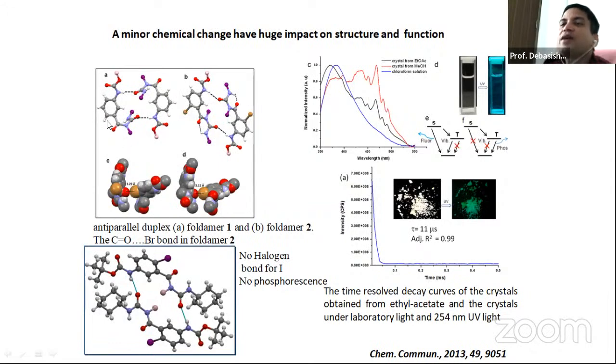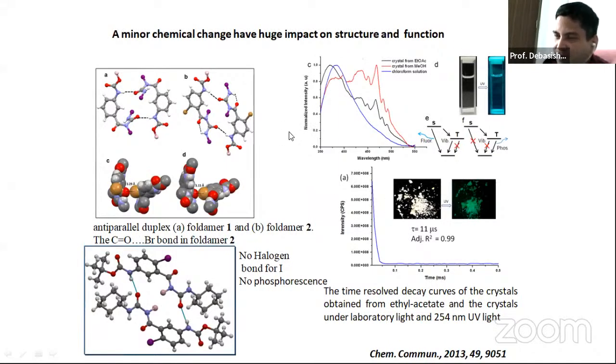And then what we have done, we have replaced one of the hydrogens of meta-aminobenzoic acid with bromine. And we found that the duplex structure still exists, but now there is a halogen bond. And actually this halogen bond is helping to make the material phosphorescent.